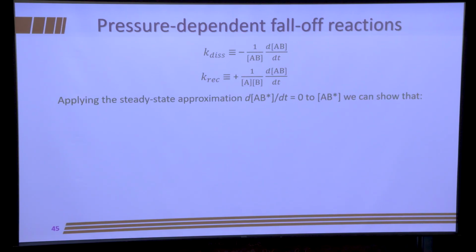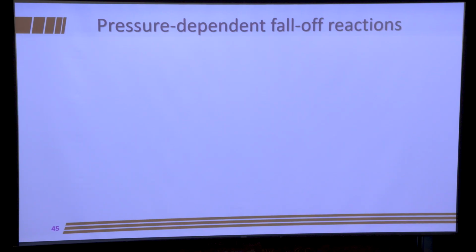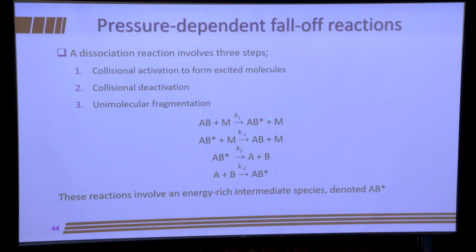So applying the steady state approximation to AB star, where the change in concentration of AB star with respect to time is equal to 0, we can show that the rate constant for dissociation is equal to the rate constant of reaction 1 times the concentration of M. Reaction 1, if we go back, is here: AB plus M becoming chemically activated to AB star.